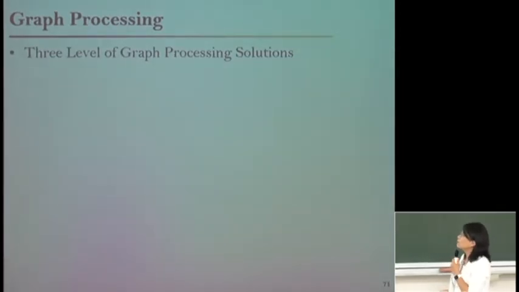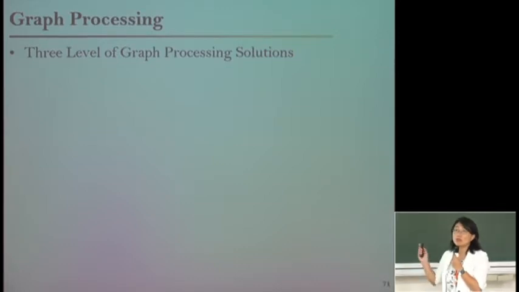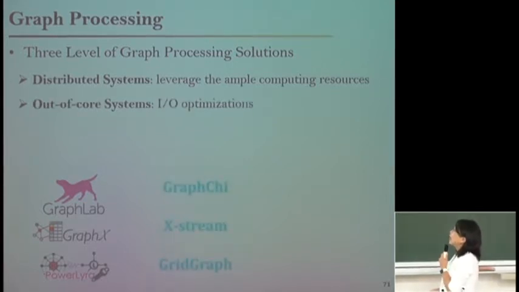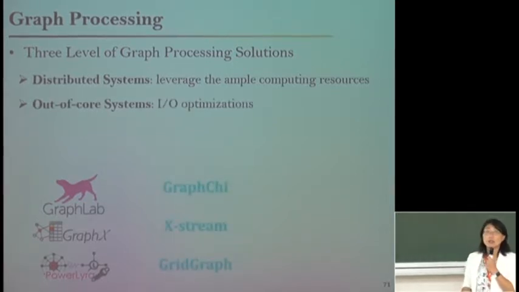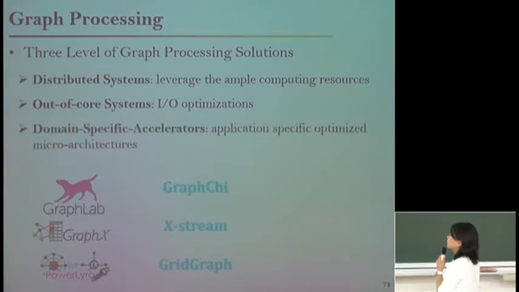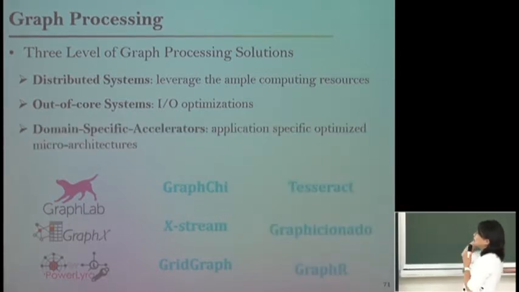There are three levels of graph processing solutions, because graph processing is a well-known problem, and many people are working on this. Distributed systems try to leverage ample computing resources. Out-of-core systems are essentially about the I/O of the systems, improving I/O and data bandwidth.